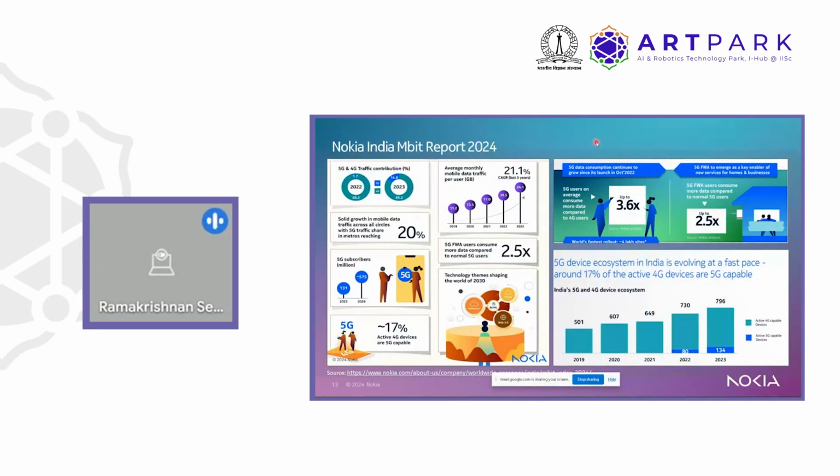The next slide is primarily on Nokia's MBIT report. This has lots of information. I would encourage you to go to the Nokia website and search for Nokia MBIT report or MBIT index. This is the 11th edition that we have in 2024.